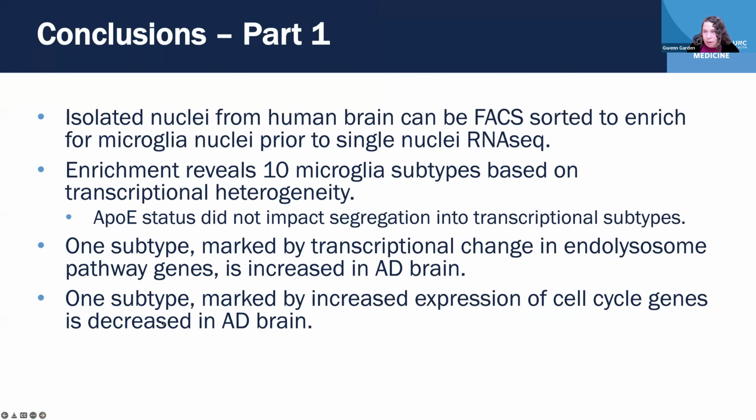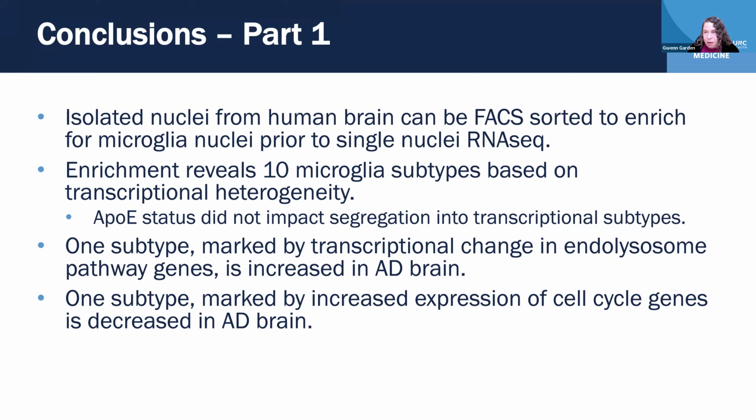Okay, so that's the first part about what I wanted to talk about today. And so I'm going to move into a little bit of a different topic, but I wanted to just summarize that what these studies showed us is that we can enrich for human microglia nuclei and use single cell RNA-seq to get a better sense of microglial heterogeneity. I didn't show you this, but ApoE status does not impact this clustering.